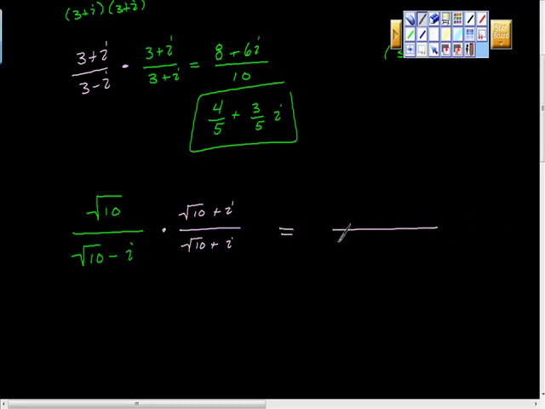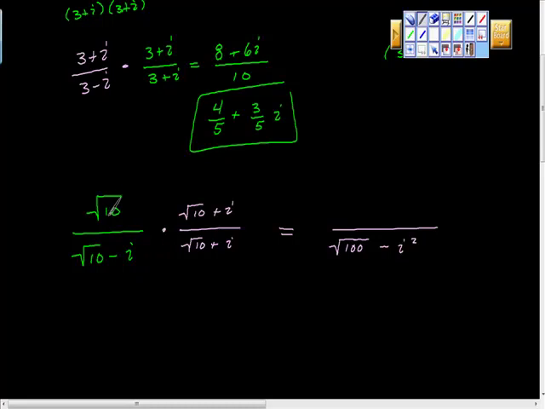I think you're going to get square root of 100, aren't you? Minus i squared. Because the square root of 10 times the square root of 10 is the square root of 100, right?